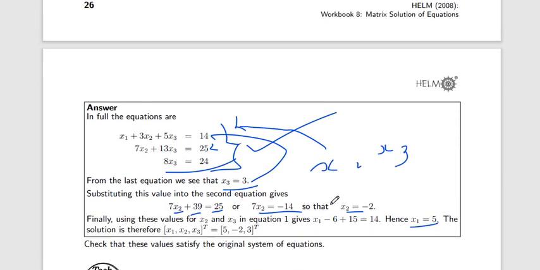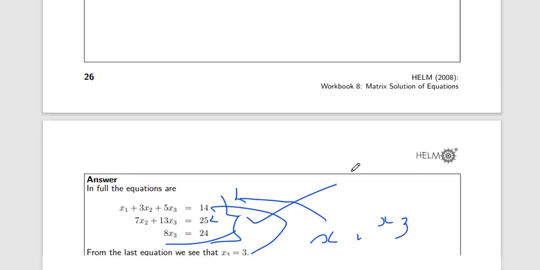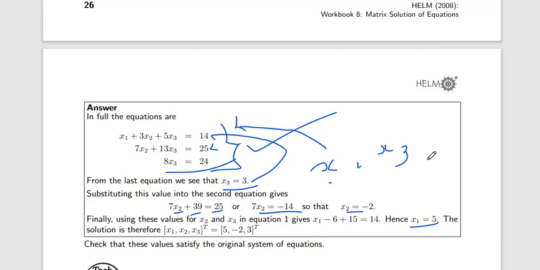So by elimination we get the answer and solve these types of linear equations. In the next lecture we will see different types of equations.